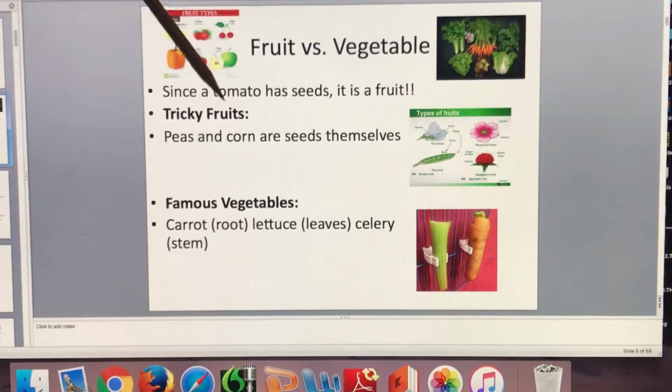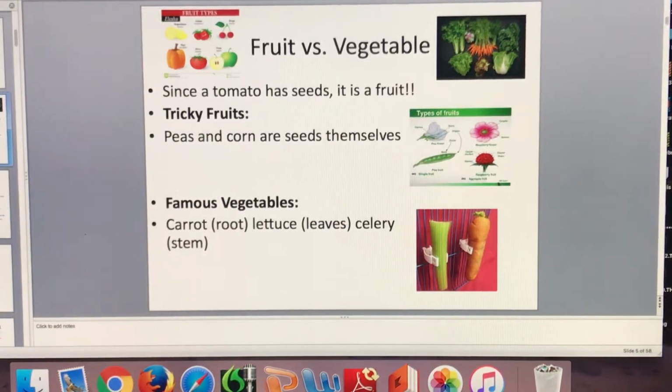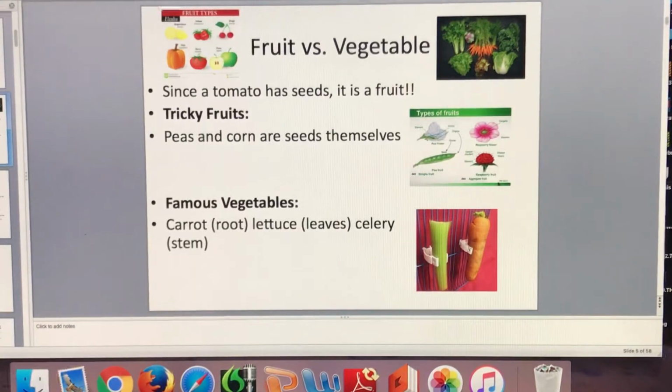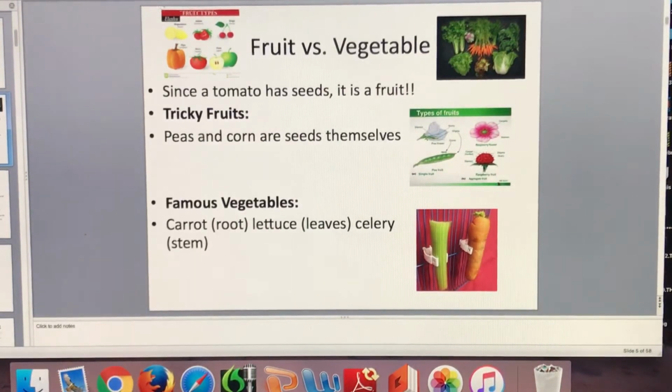Some tricky fruits are things like peas and corn, because those are actually seeds, and those are actually considered fruits. Now, more commonly, you think of vegetables, carrots, which is part of the root, or lettuce, part of the leaves, or celery as part of the stems. Notice these vegetables are all in the category of the vegetative organs.